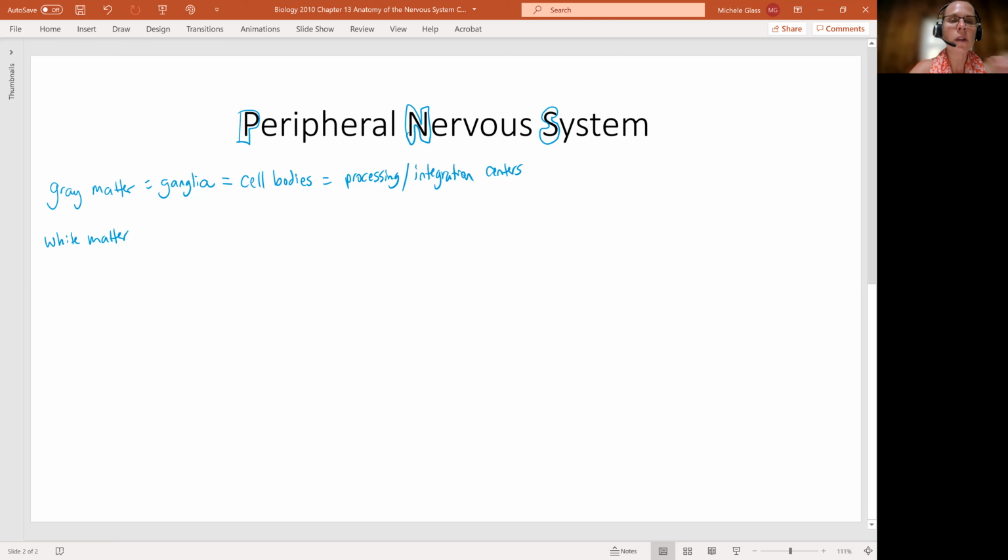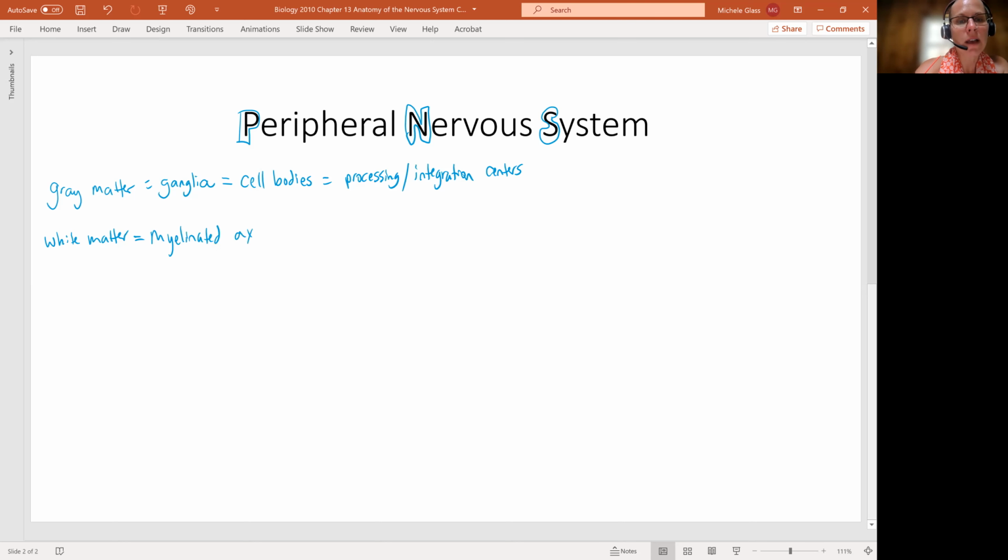So even though we kind of introduced first the idea of the peripheral nervous system as a system of transmission, we will see some processing and integration is occurring here. But mostly we think about the peripheral nervous system in terms of the white matter, which we know are myelinated axons.